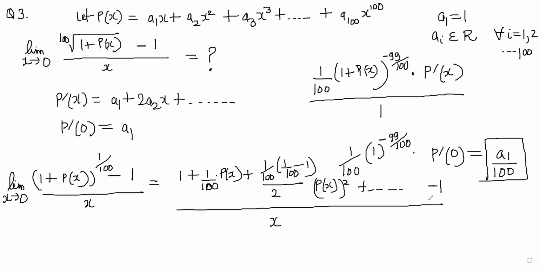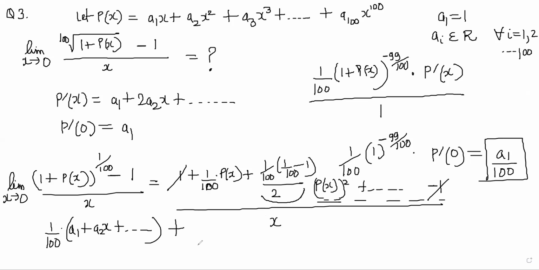Now 1 and 1 will cancel, and you have 1 by 100 into p of x by x plus these terms. p of x by x is a1 plus a2x plus so on, plus some constant into p of x whole square by x.